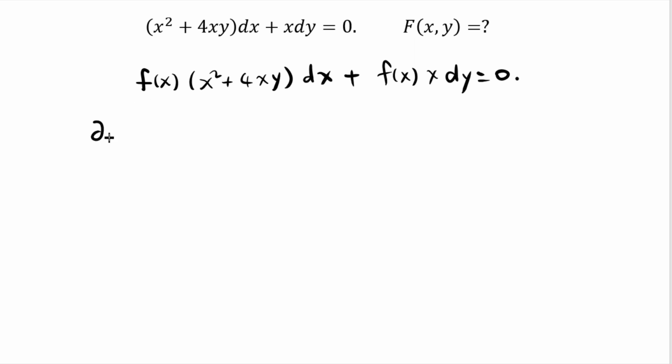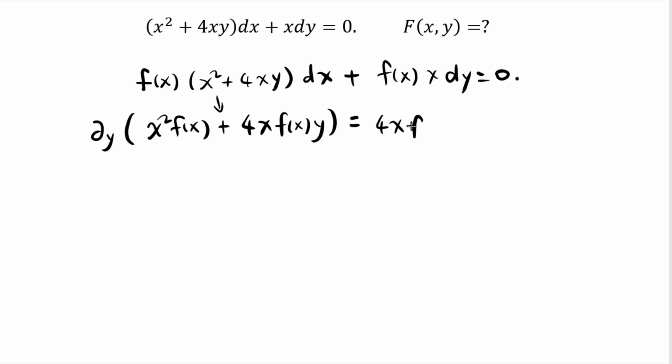In other words, if you take the derivative of x squared f(x) plus 4x f(x) y, if you take the derivative of this function by y, which is this one, right? And that gives you 4x f(x).